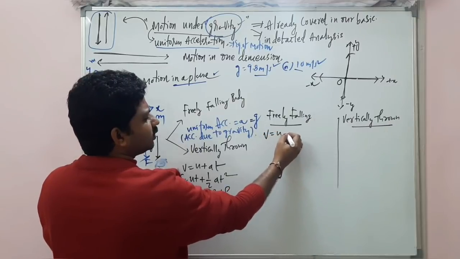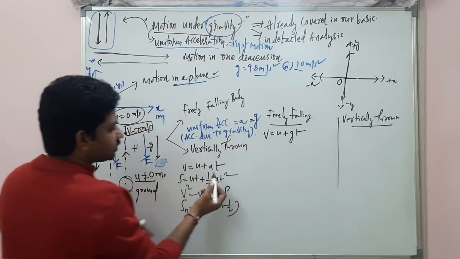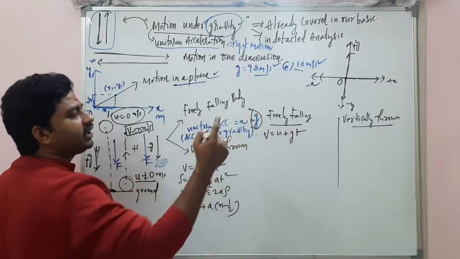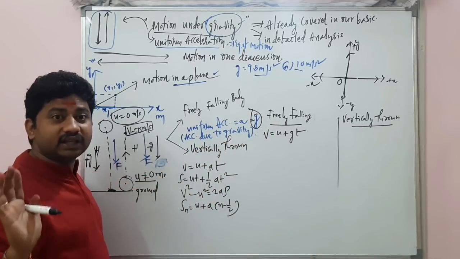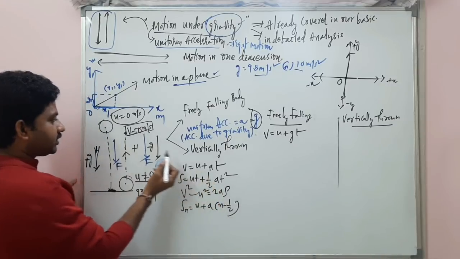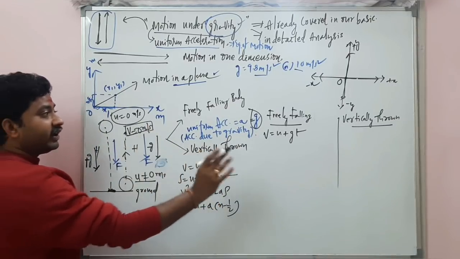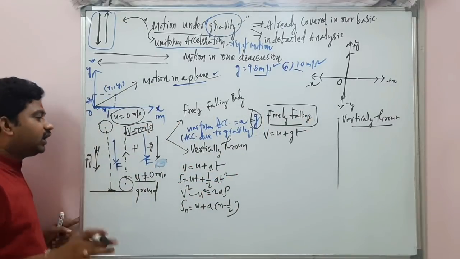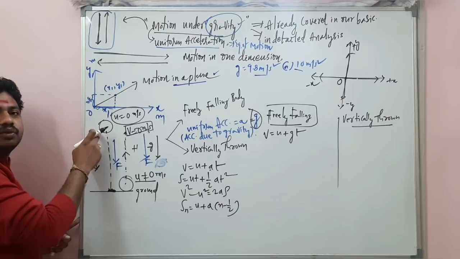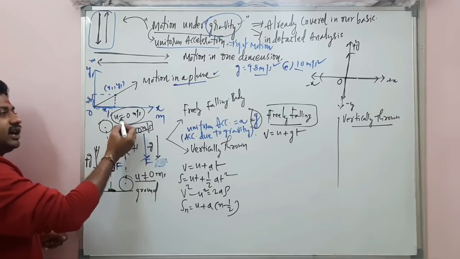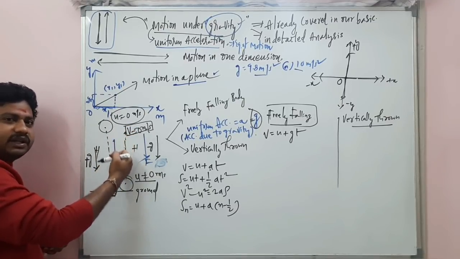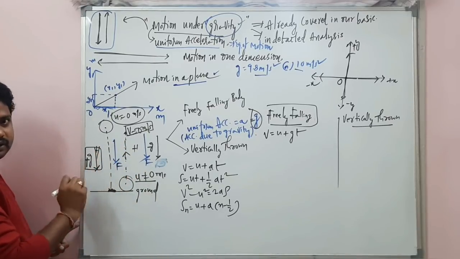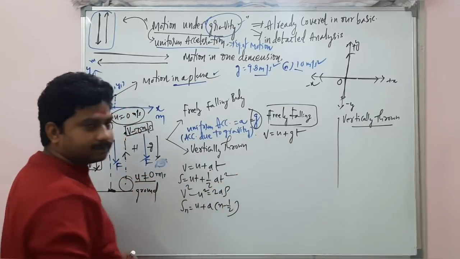V is equal to U plus GT, because acceleration is replaced with the acceleration due to gravity in motion under gravity. Understand? So this acceleration is replaced with G, whereas we are discussing a freely falling body condition. In a freely falling body condition, the body will speed up, right? Initially starting with 0, it will increase its speed at plus G. Understand? So this is plus G.